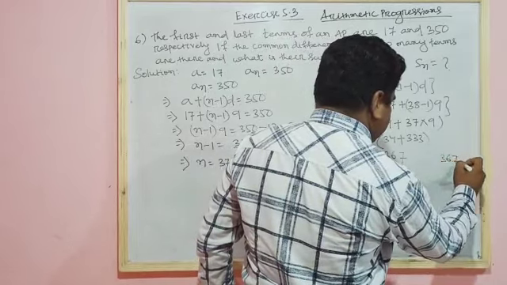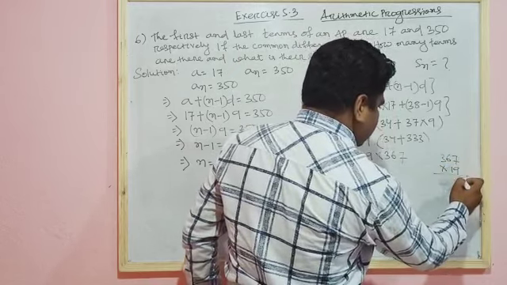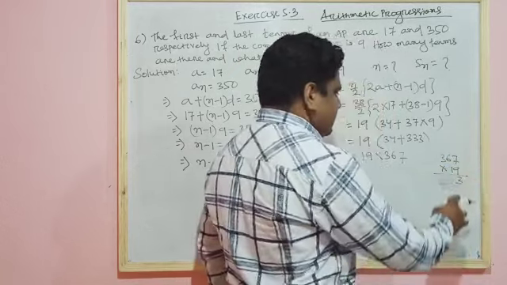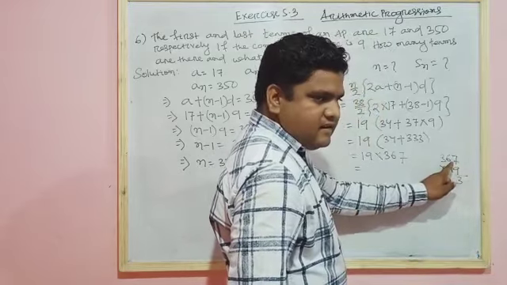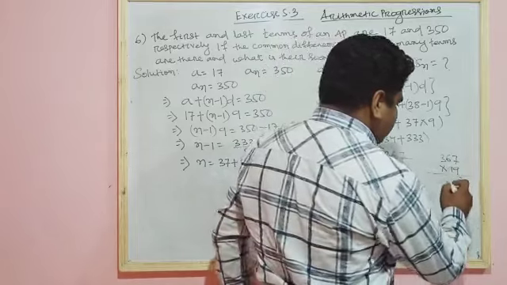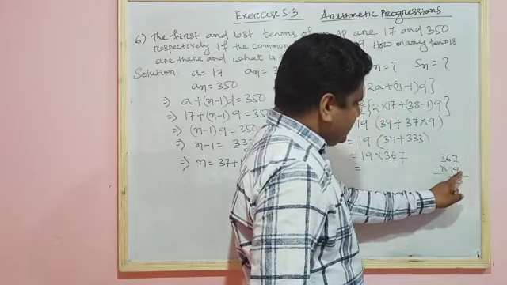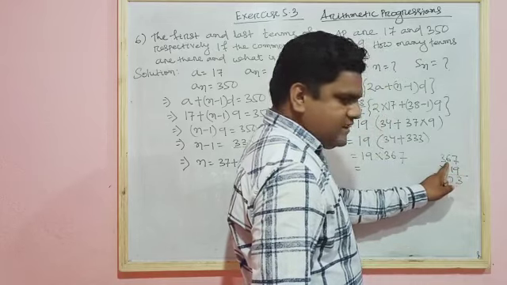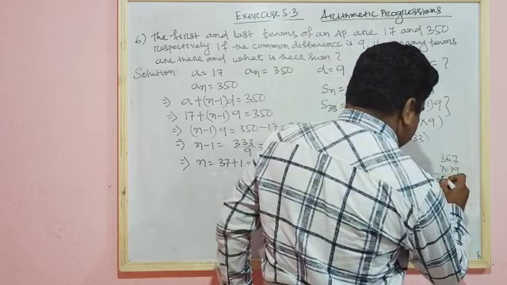or 367 into 19. 9 7s are 63. Carry is 6. 9 6s are 54 plus 6 is 60. Carry is 6. 9 3s are 27, 27 plus 6 is 33.